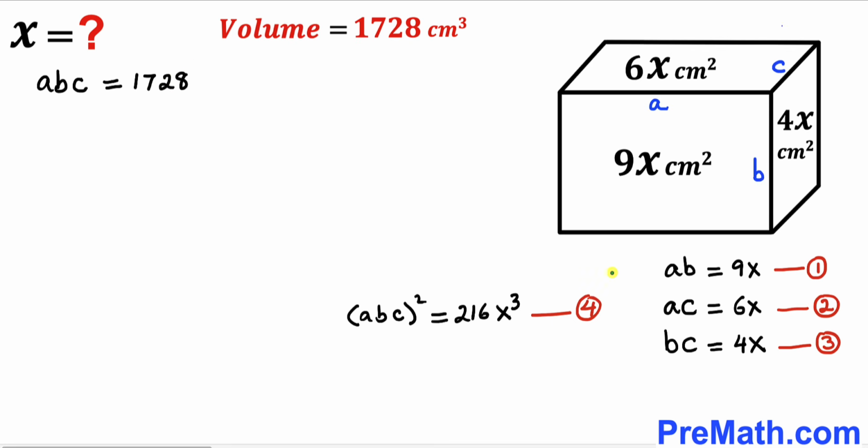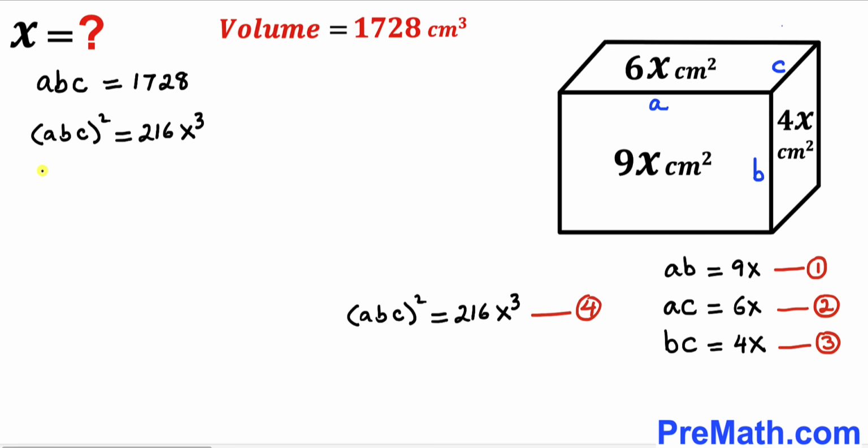And now let's focus once again on this equation 4. Here I have copied down our equation 4. And we know our a times b times c value is 1728. So I'm going to substitute that a times b times c value 1728 over here.